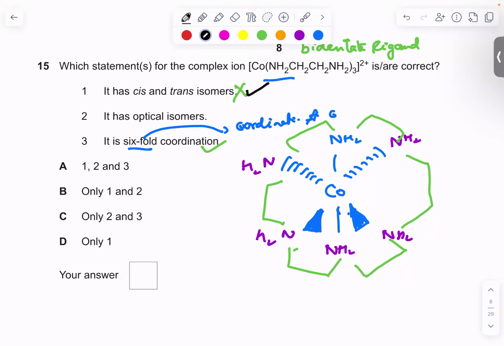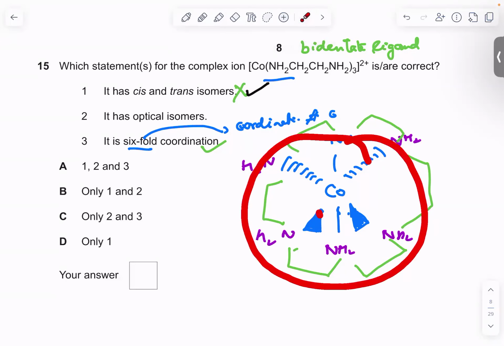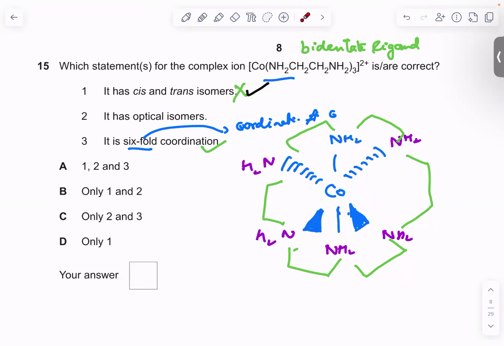Does everything have optical isomerism? If it is written in the 3D form, with the wedge and dotted line, you can make a mirror image of it. All right. So if one is wrong, then you can just cancel them out.